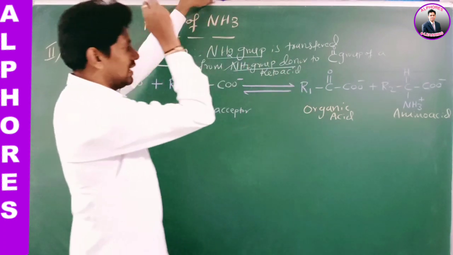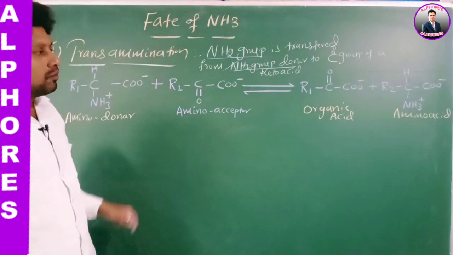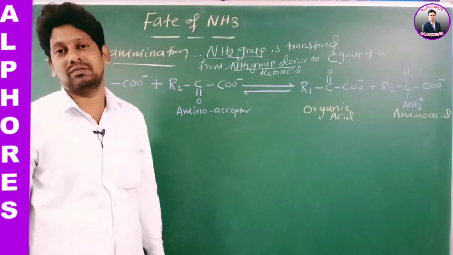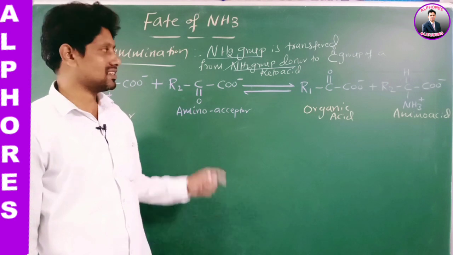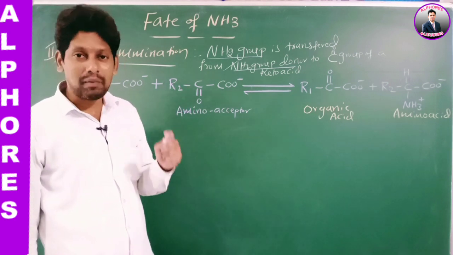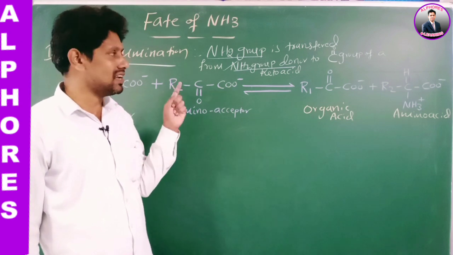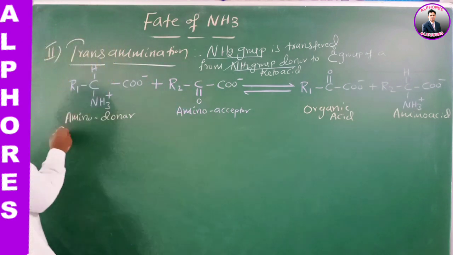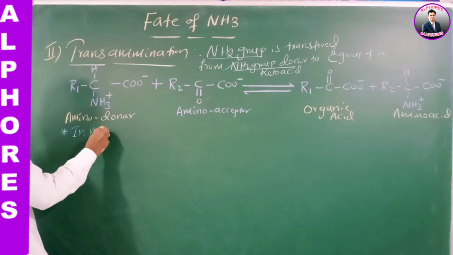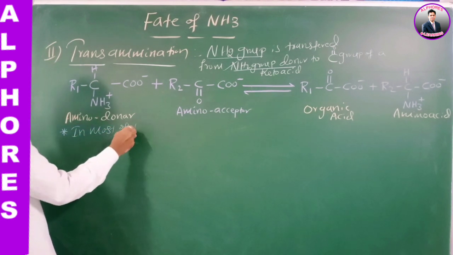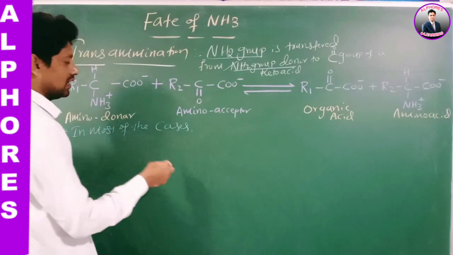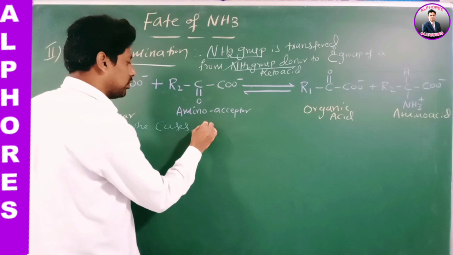Now we want an amino group donor. In most of the cases, glutamic acid is the amino group donor. Which amino acid acts as amino group donor? Glutamic acid is an amino acid which acts as an amino group donor. Therefore in most of the cases, who is the amino group donor?